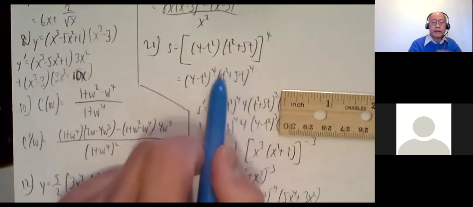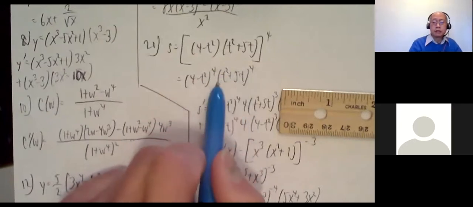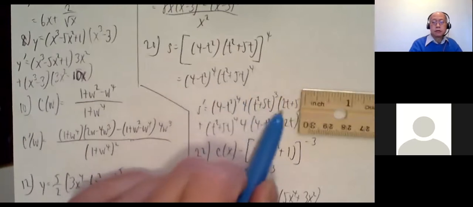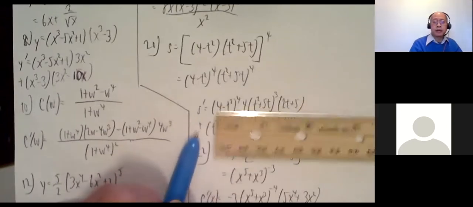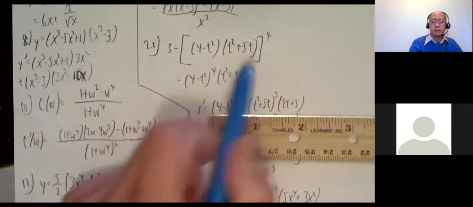So think to yourself or write down, what's the derivative of the inside? 2t plus 5. And I decided to scroll down, so to speak, plus the other way around.